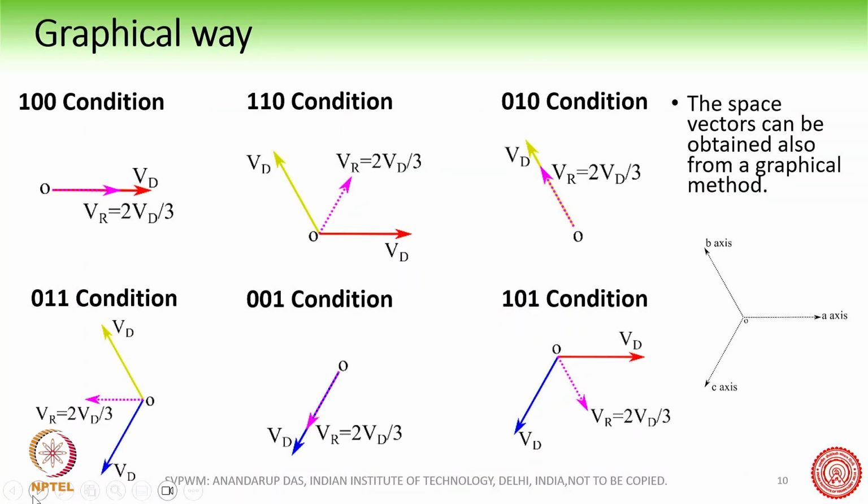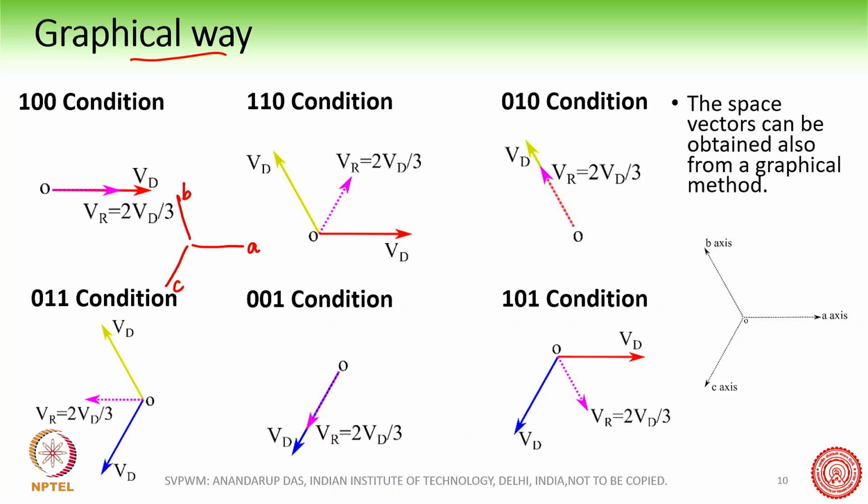Instead of doing this mathematically, you can also do it graphically. You can quickly find out how the resultant space vector looks. For example, you can see here the A axis, B axis and C axis.